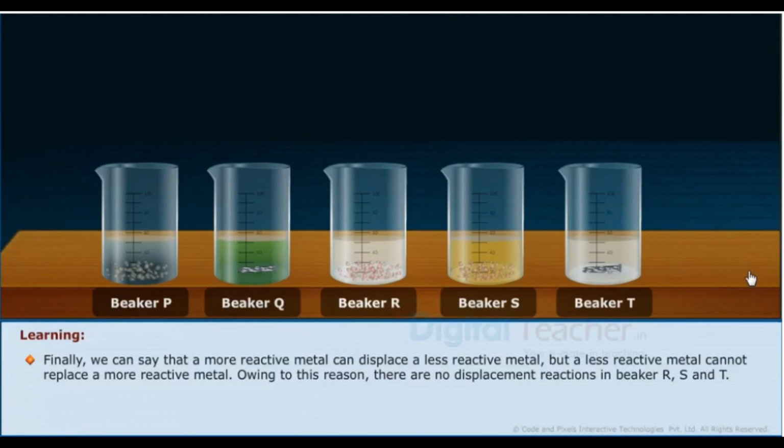Owing to this reason, there are no displacement reactions in beakers R, S and T.